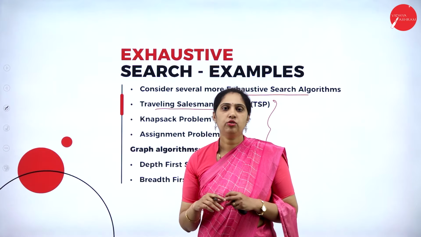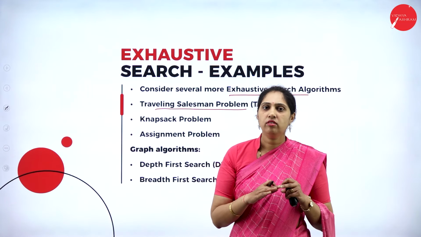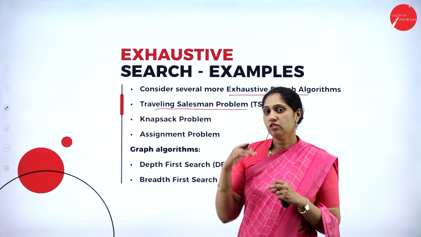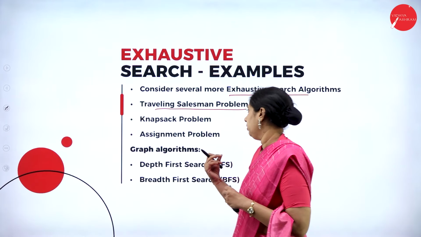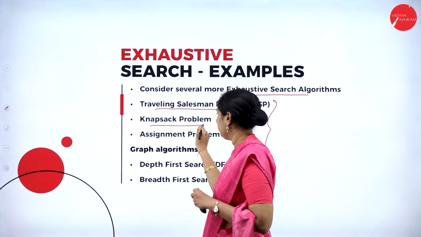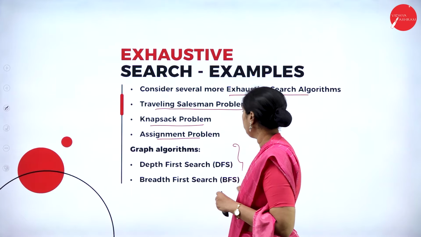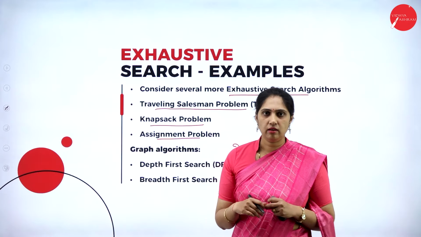A salesman has to travel from one city to another such that he covers all the cities and the cost should be minimum. So that is the solution. I'll have all the solutions and pick the one which is minimum. Then the knapsack problem. The assignment problem is there. And in graph problems, you have 2. I'll consider a tree and give that example.